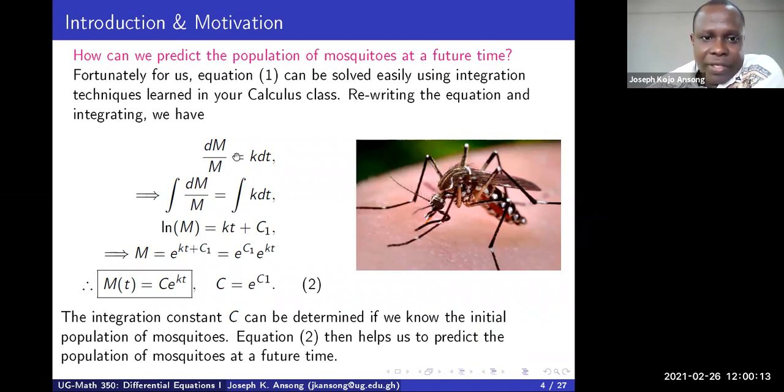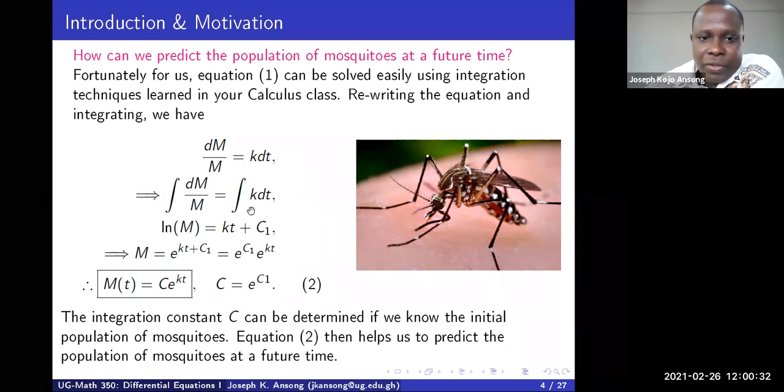We can divide through by M, then we have an equation that looks like this: dM over M is equal to k dt. Then I can integrate both sides. If you remember calculus, the integral of dx over x is ln x. So in this case, it is ln M, which is equal to kt. K is a constant, so kt plus some constant.